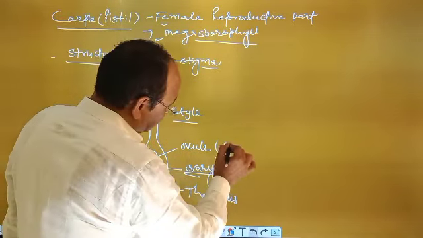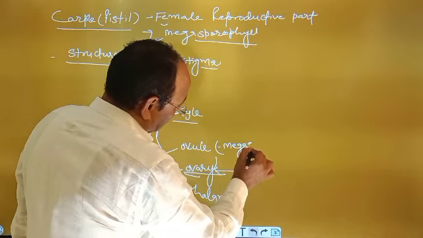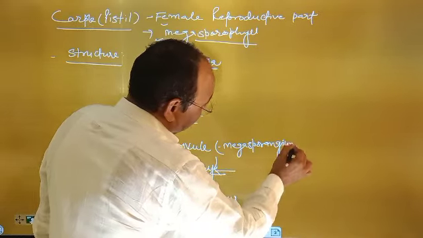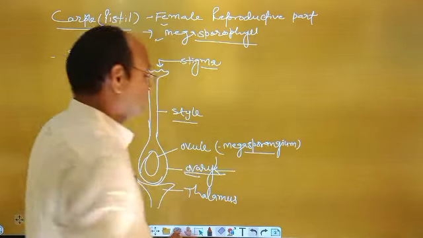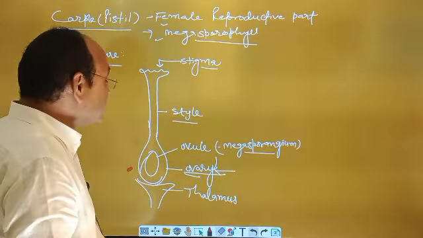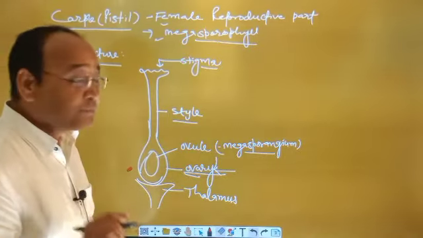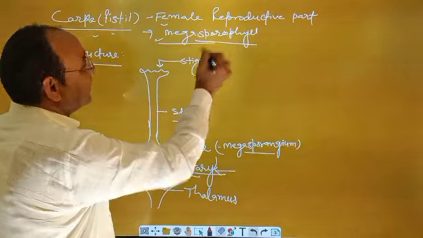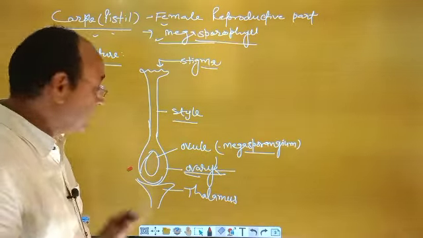Ovule is a megasporangium part of pistil. So ovule is a megasporangium, and carpel or pistil is a megasporophyll. Is that clear?